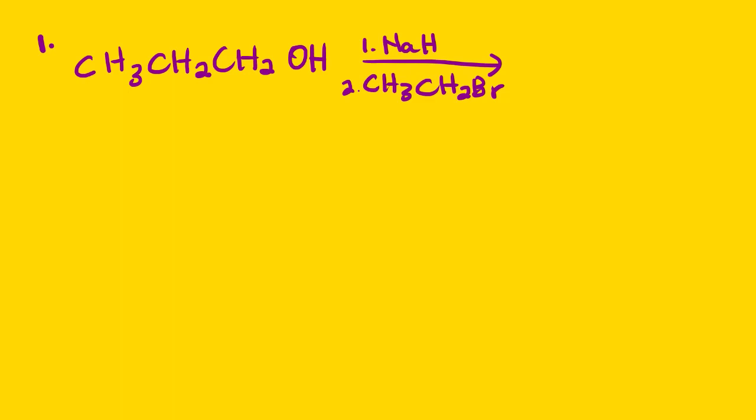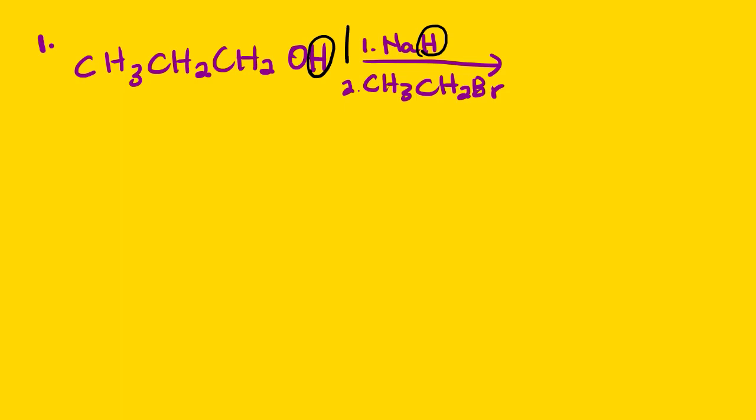We are going to react this alcohol with our metal hydride, and once we get the product, we are going to react it with this alkyl halide. In the first step, this hydrogen from the metal hydride will react with this hydrogen from our alcohol. They will form H2, and then H2 will simply evaporate.